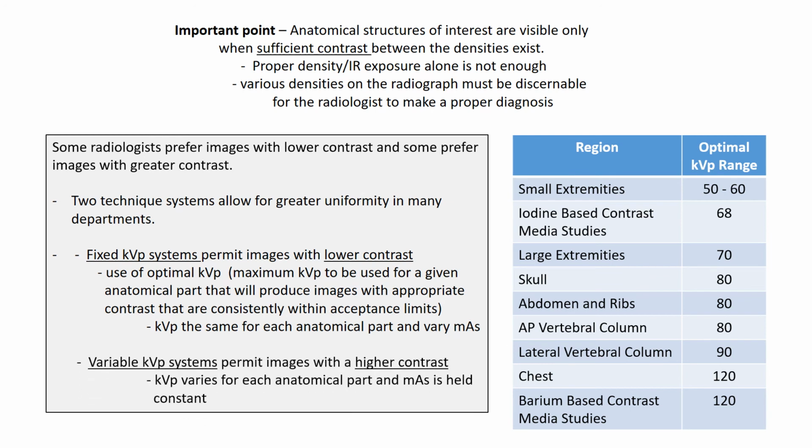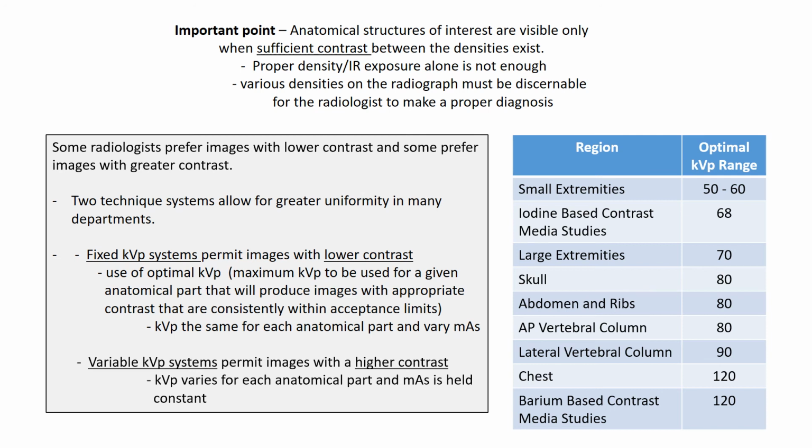Some departments use what's called a variable kVp system, and this permits images with higher contrast because you can bring down the kilovoltage more. In this case, because it's a variable kVp system, we change the kVp, but we keep the mAs the same for a given part. So let's say the mAs for a foot is 10 mAs.